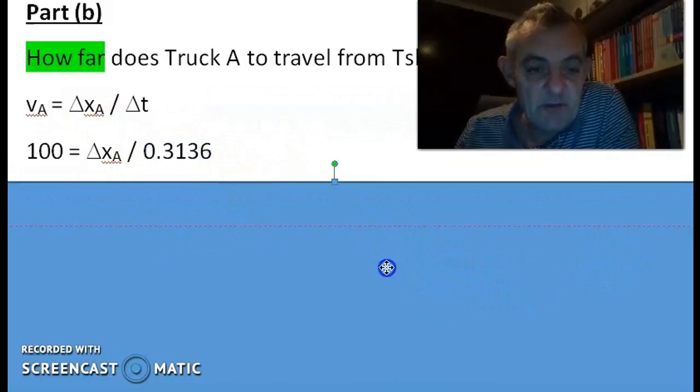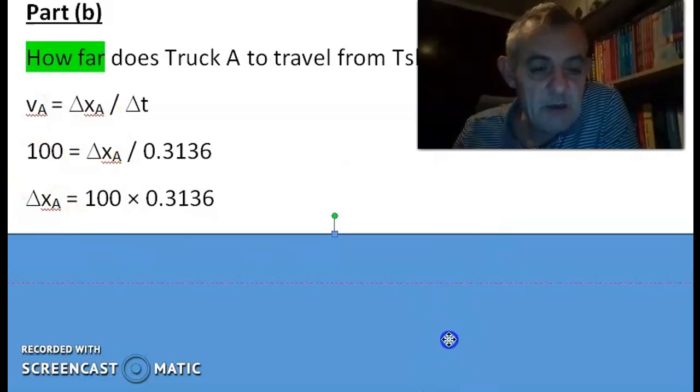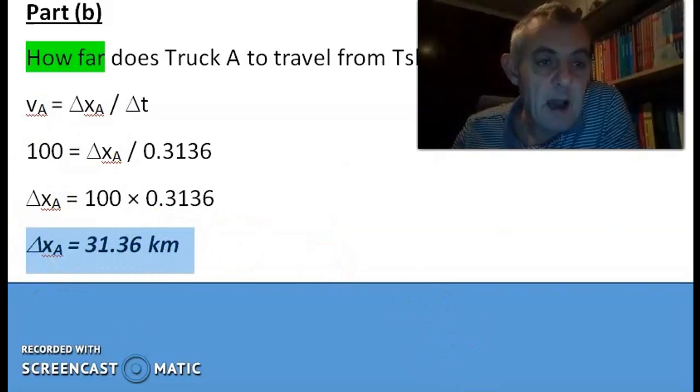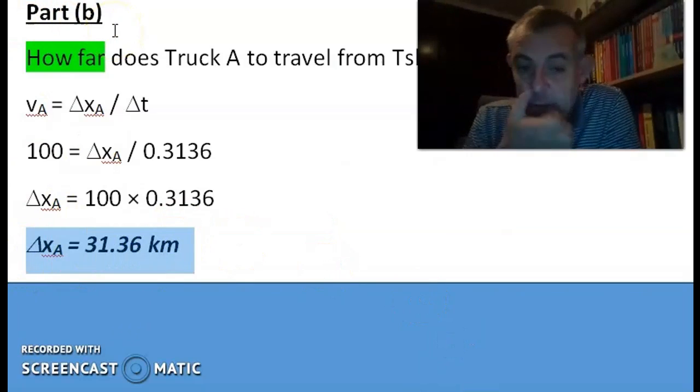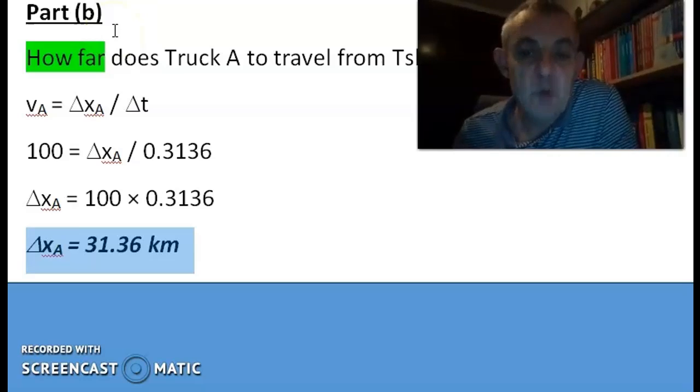So I substitute those values in. I rearrange my formula because I want to find the distance traveled, put that into my calculator, and I get that the distance traveled by truck A is 31.36 kilometers from Tshwane.